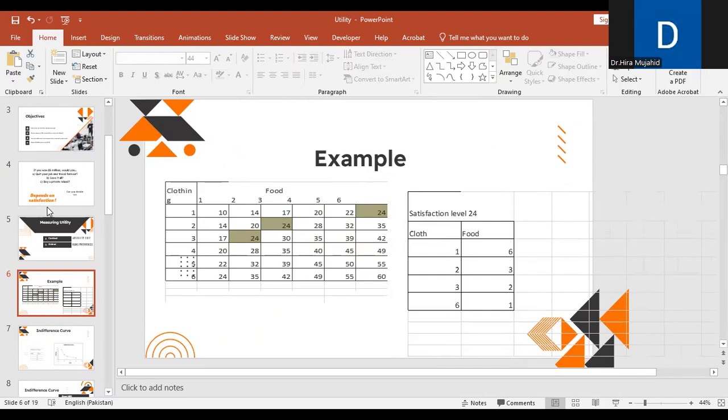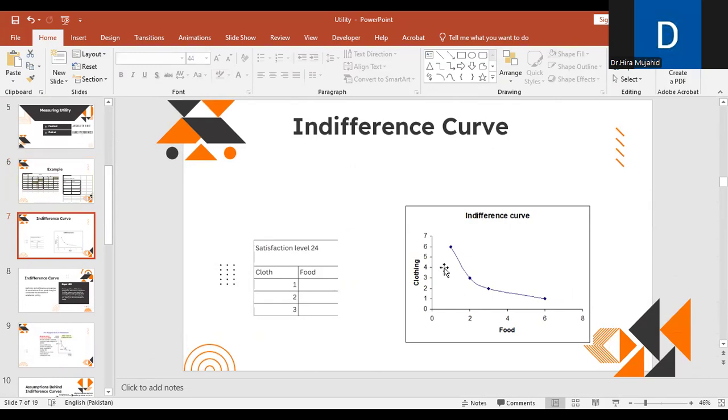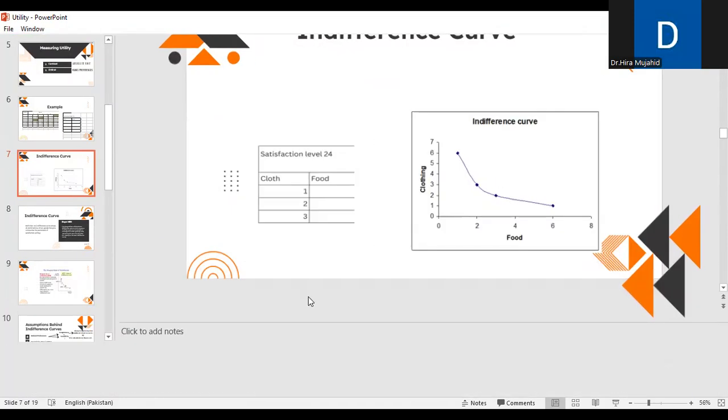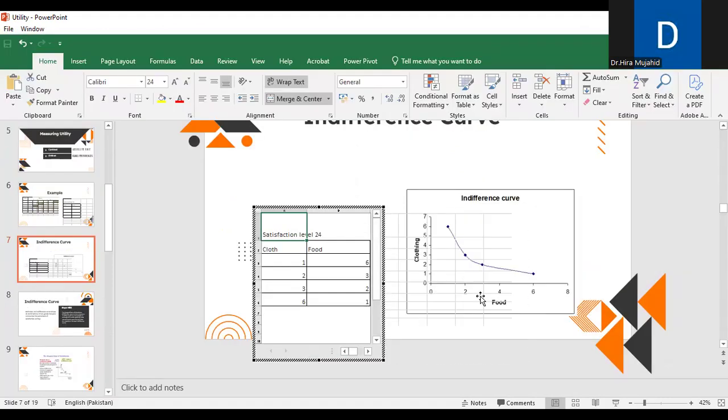Now, this is how we can have different combinations, and with the help of these combinations, we can plot the graph. On the y-axis we are taking clothes, on the x-axis we are taking food, and the 6 and 1 point is here, 3 and 2 point is here, 2 and 3 point is here, and 1 and 6 point is here.